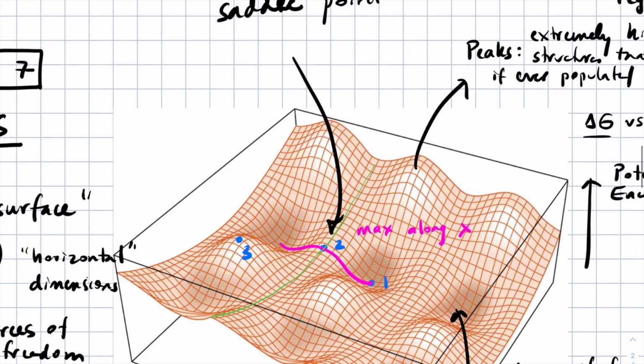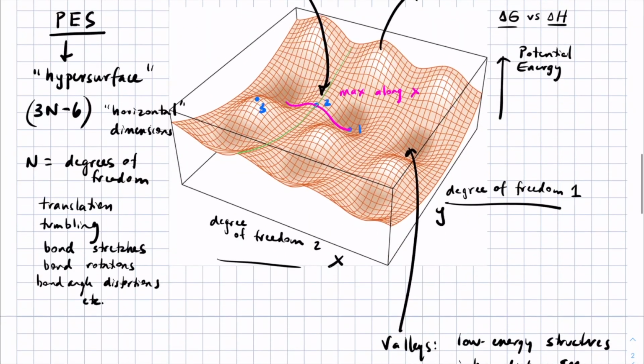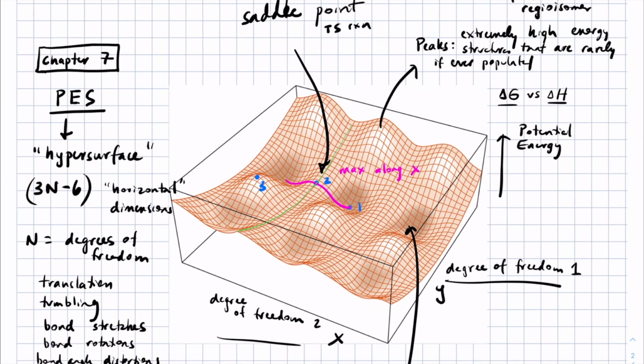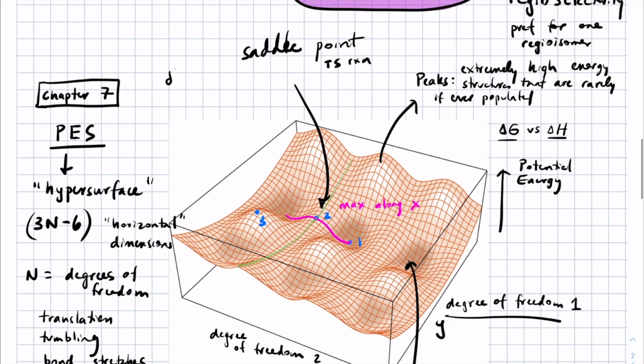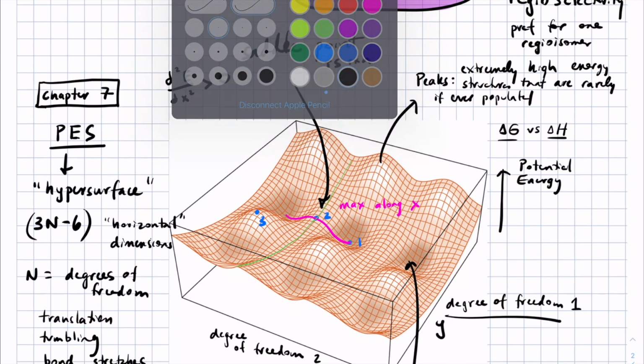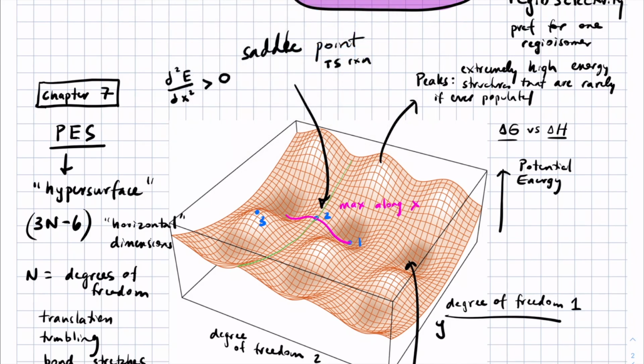The saddle point is going to represent our transition state for a reaction. And you can tell a saddle point because at a saddle point you will have second derivatives of energy with respect to distance greater than 0 in all directions but 1.